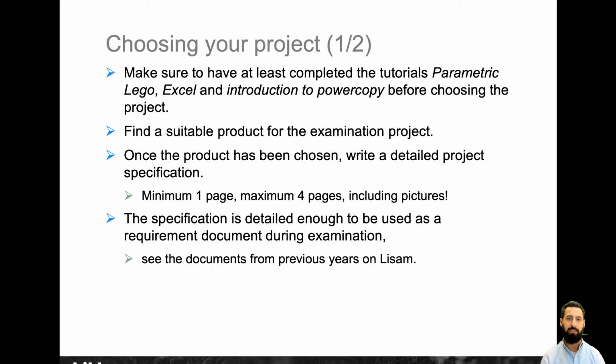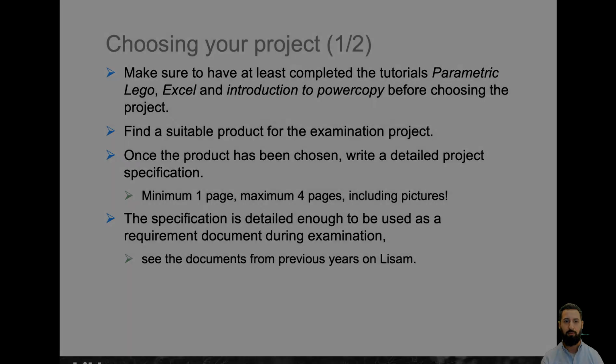Once the product has been chosen, write a detailed project specification, minimum 1 page, maximum 4 pages, including pictures. The specification is detailed enough to be used as a requirement document during examination. So we want to receive a project specification from each group.